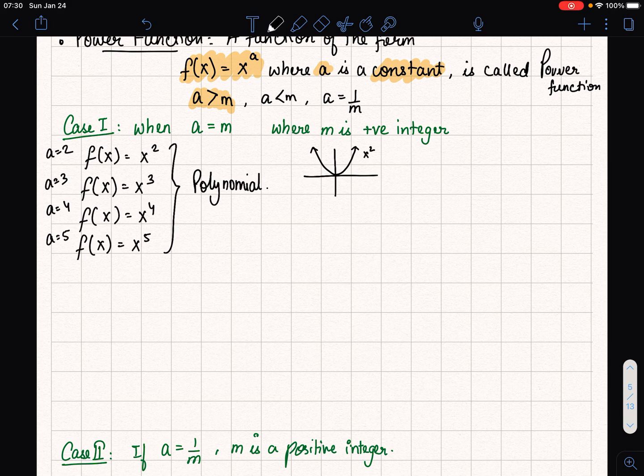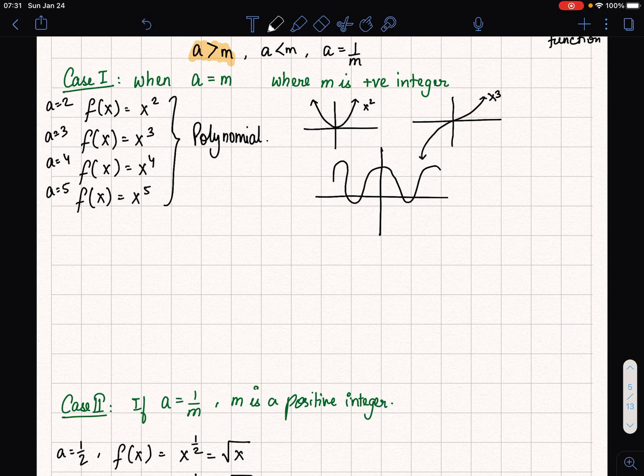The second function, x cubed, gives me something like this. The third function, x raised to power 4, gives me something like this. And so on.